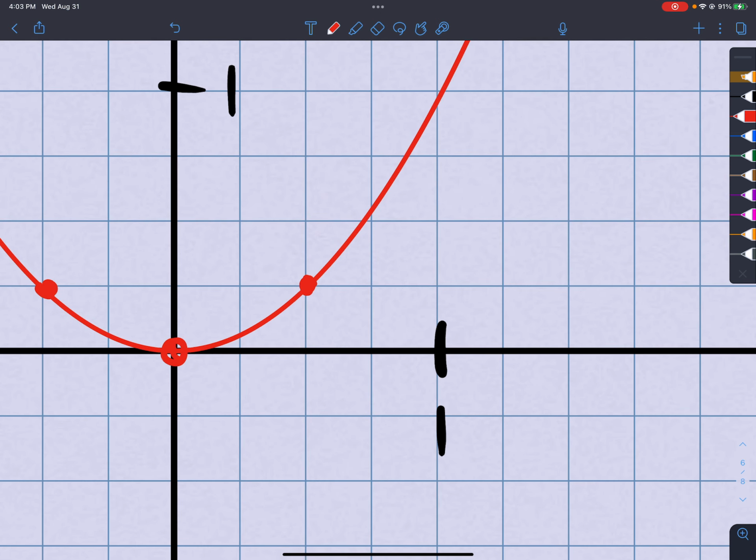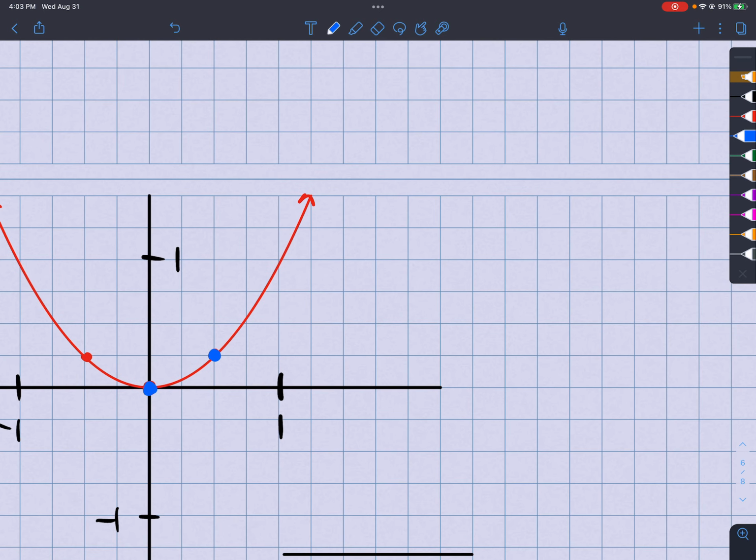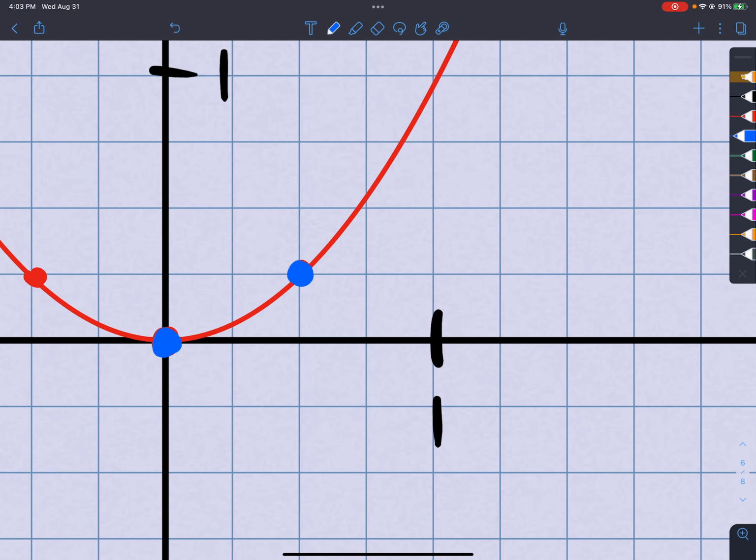So what am I really looking for between this point and this point? Well, I probably should make this blue so that it really stands out. So what is that average rate of change? I have a line right here, don't I?